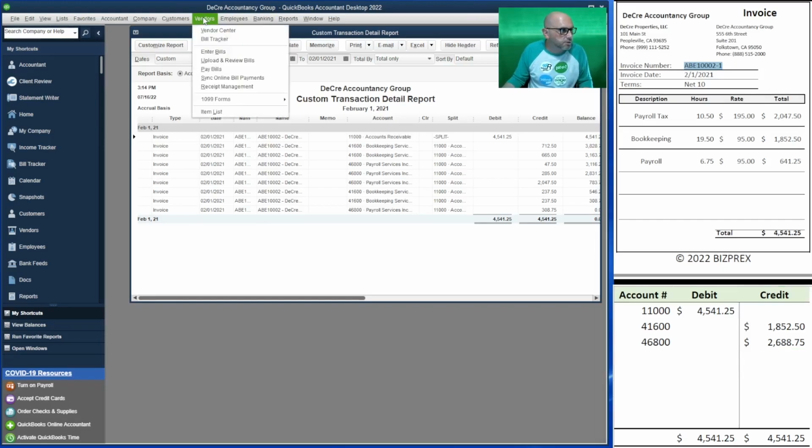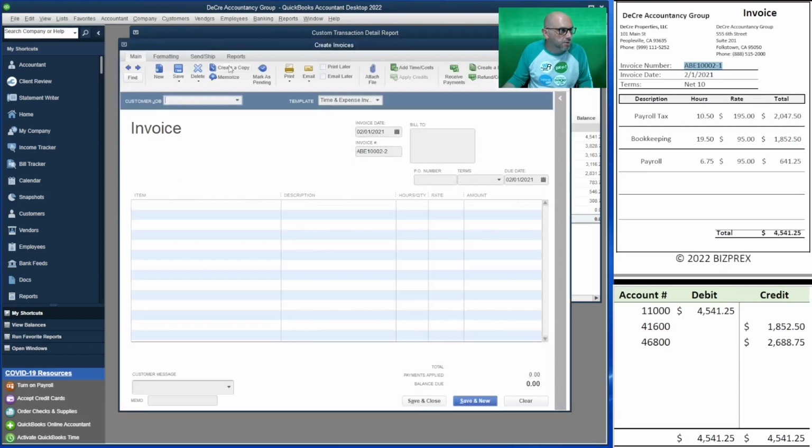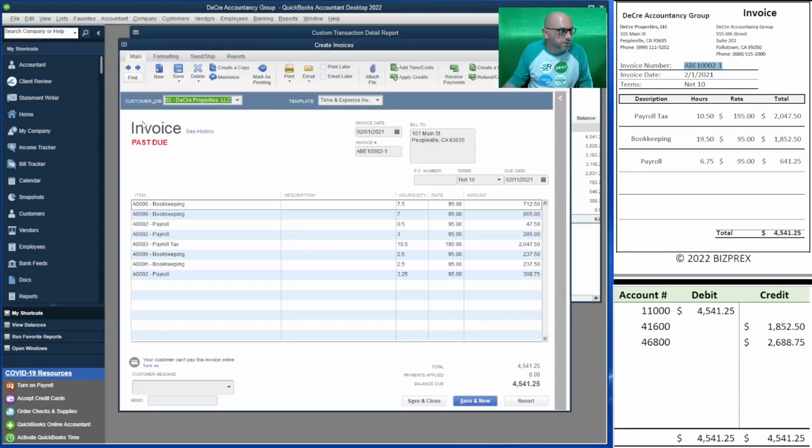So let's go again into Customers, Create Invoices, and take a look at this previous invoice that's marked past due, because again we kind of do it retroactively. Before we get into booking these items, let's take a quick look at what's being impacted.